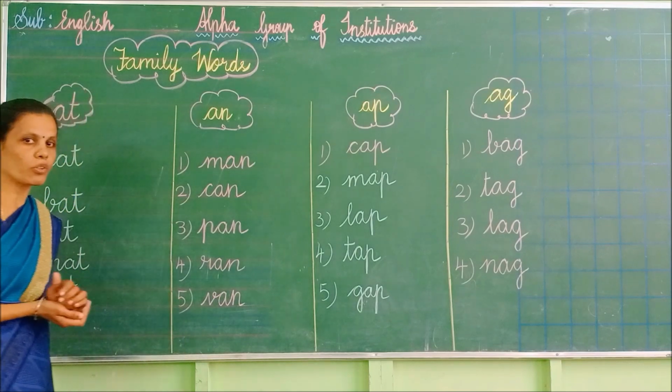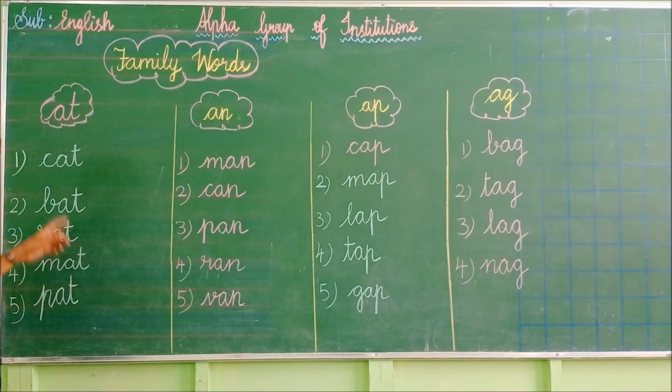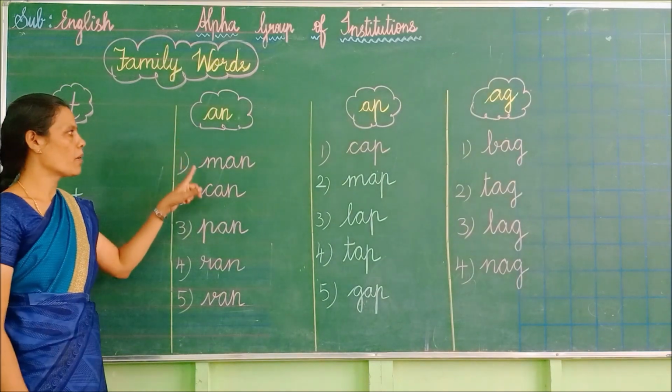Now we are going to read the words. Cat. Bat. Rat. Mat. Pat. Next one, an.